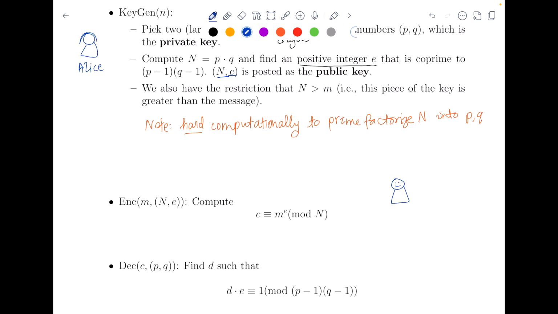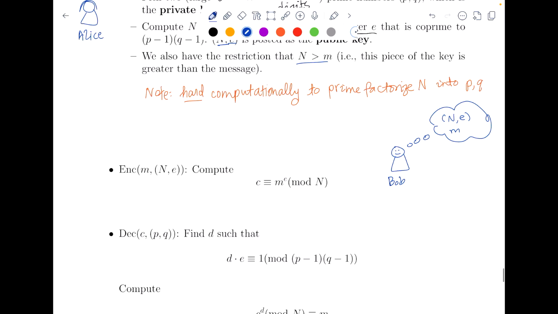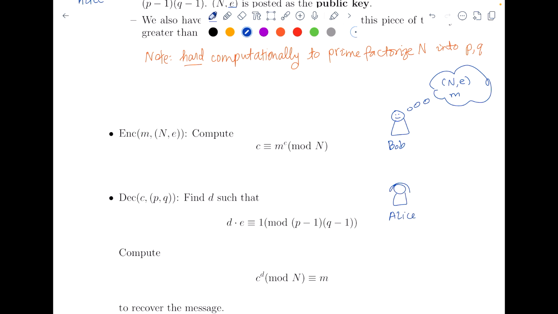Bob has N and E that he learned from Alice, and he has a message in mind that he wants to encrypt. So all he's going to do is take his message, make sure that it's an integer where N is greater than M, and he is going to do M to the E mod N. Alice is the only one with the private key, and so the private key here is just P, Q that she picked herself, right?